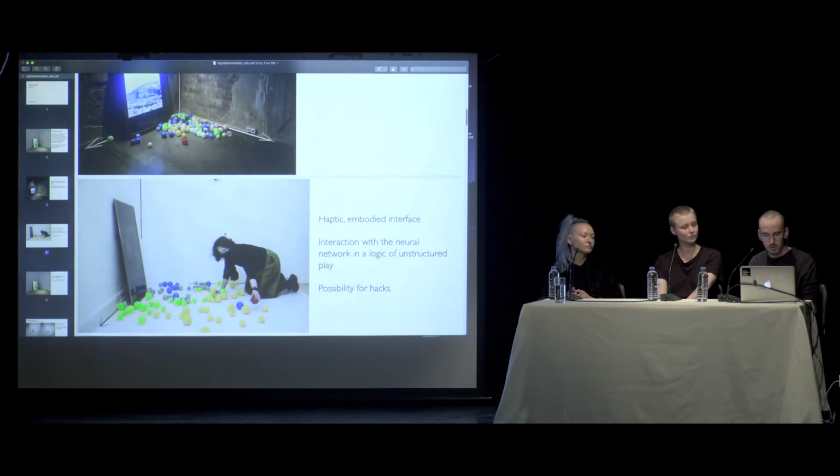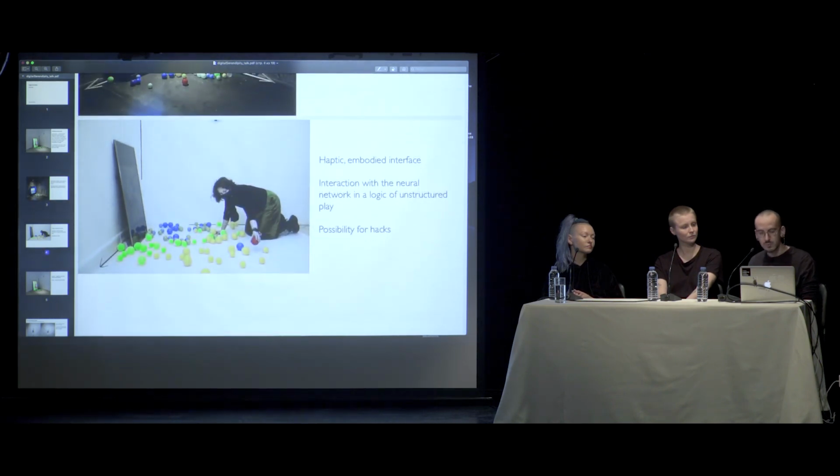Another important aspect here is that this interface uses a haptic and embodied way of interaction, because usually when we interact with various technologies, it is almost always done through different screens and flat surfaces, which often restrict the body, even though inevitably we do use our bodies to interact with them, like our fingers, and we perceive with our sensory organs.